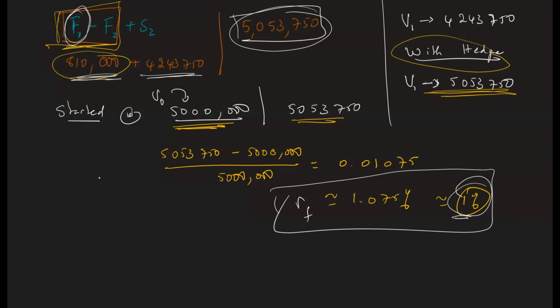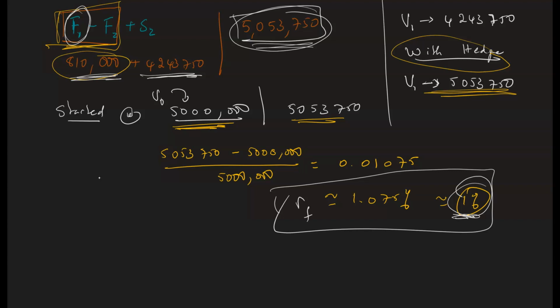Our portfolio value itself is going to drop. That's why we entered into the futures anyway. It's going to drop to 4,243,750. When you put those two together, the outcome is 5,053,750.